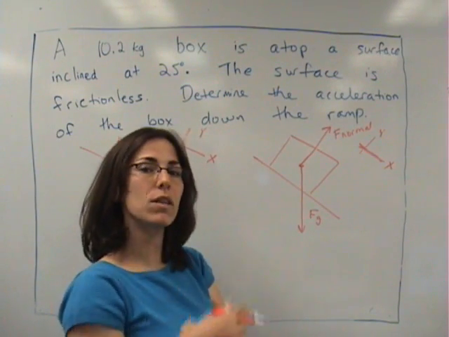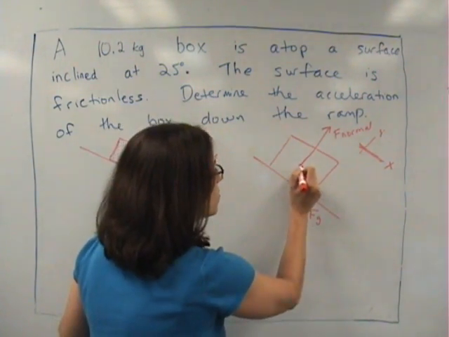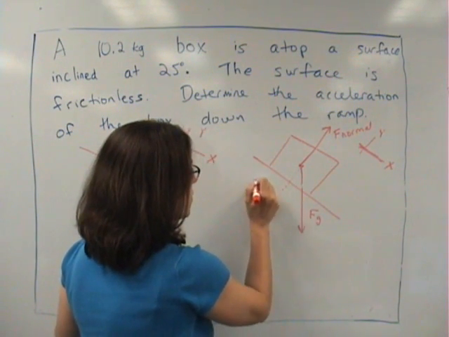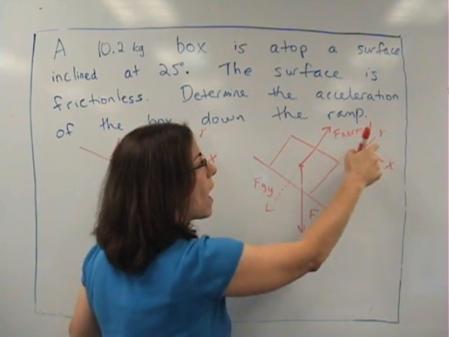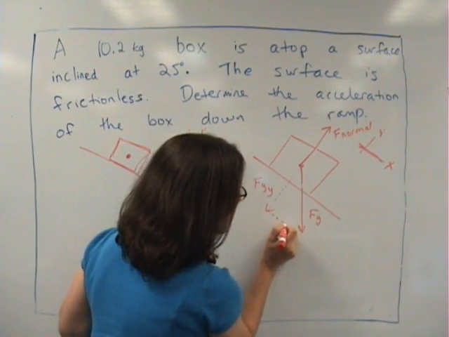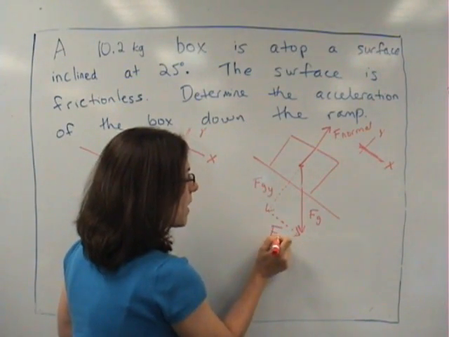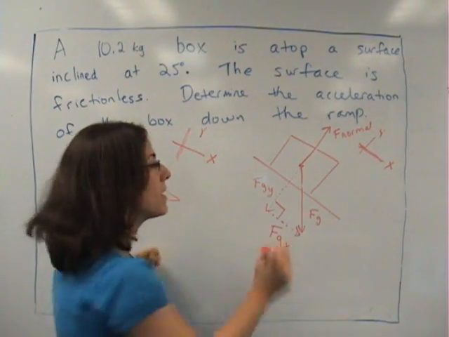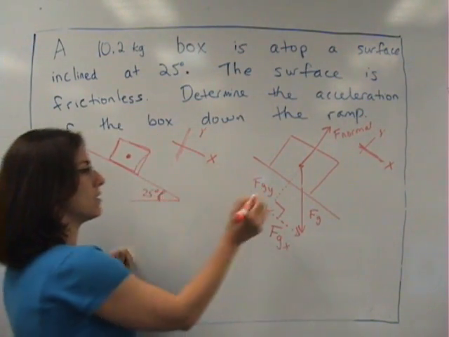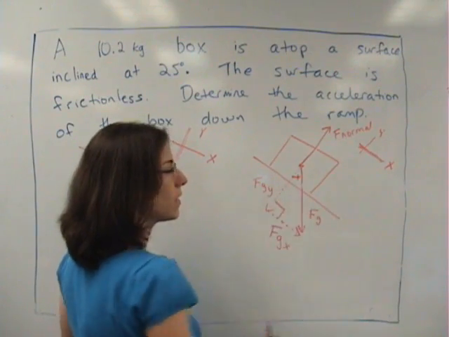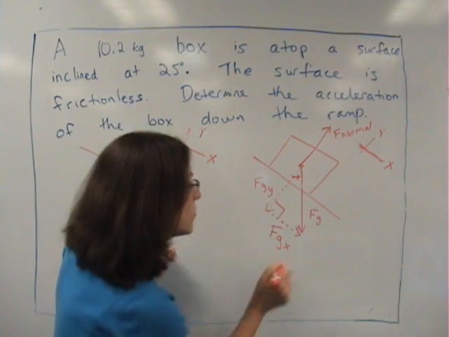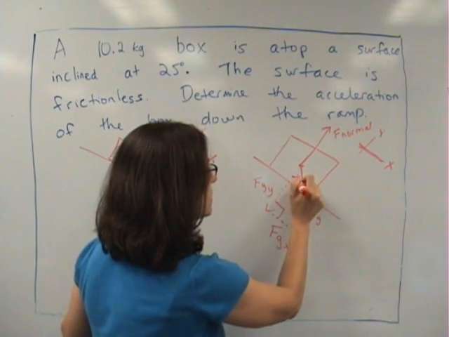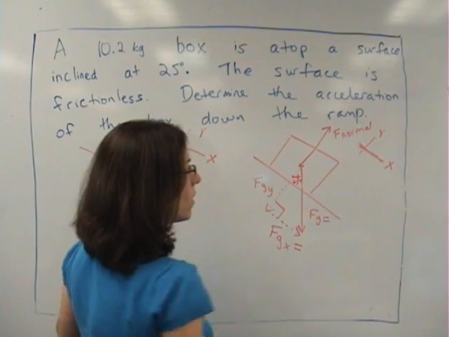The way you break the force of gravity into components is to draw in the component perpendicular to the ramp, Fg in this new y direction, and the component parallel to the ramp, Fg in this new x direction, and those are at 90 degrees to each other. This angle here is the same as this angle here. And so you should be able to solve for the components of the force of gravity, using this as 25 degrees.